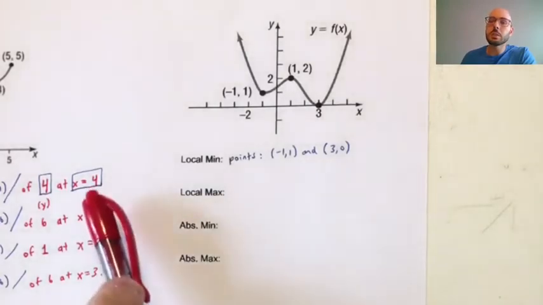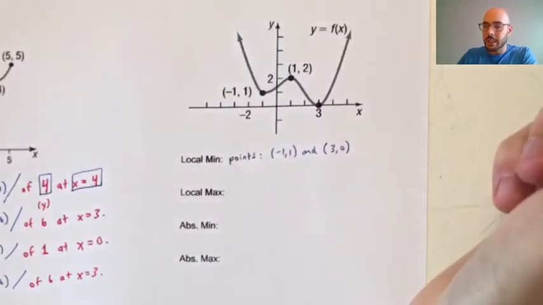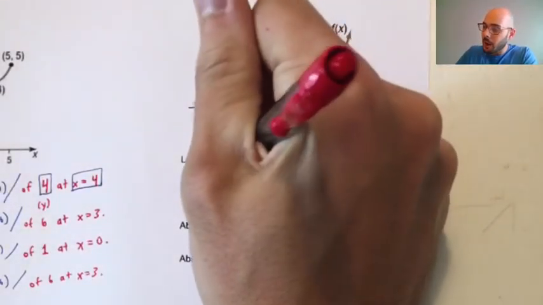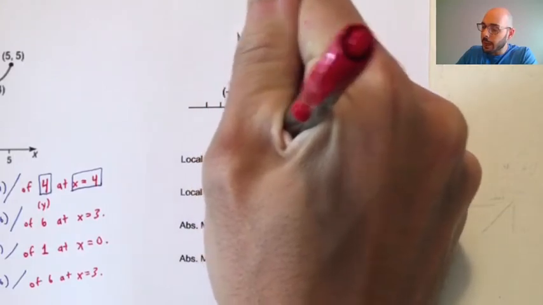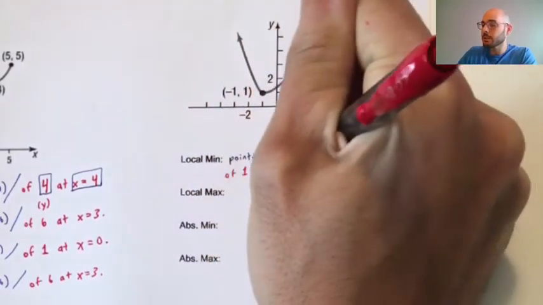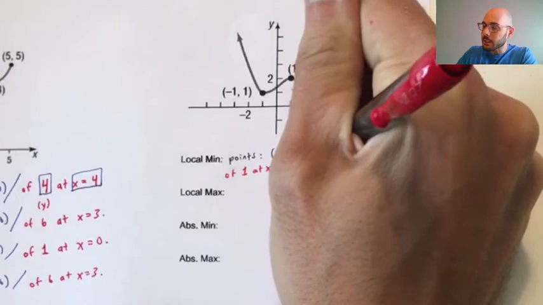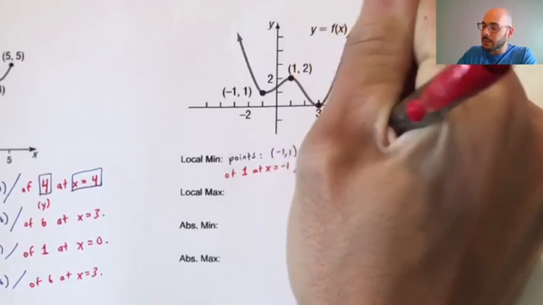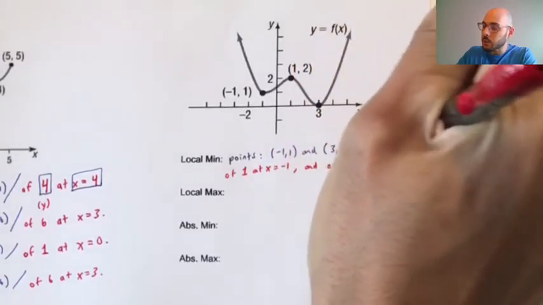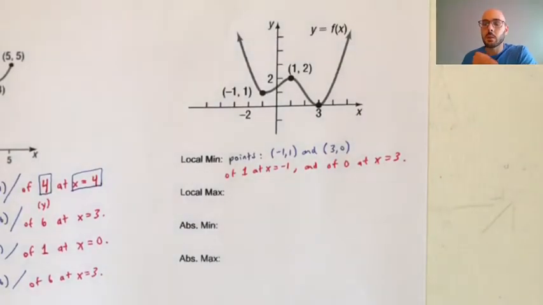Again, we can also list them in words. So we could say we have a local minimum of 1 at x equals -1. So that's the first one. And we have a local minimum of 0 at x equals 3. So that's the second one.